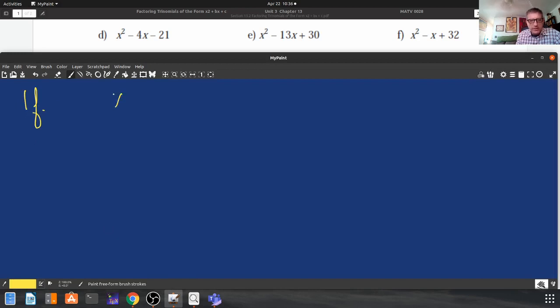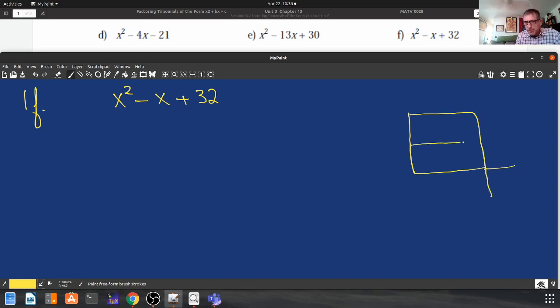And now let's try the last one, 1f. So we have x squared minus x plus 32. Pausing and trying to do these before I do them is probably a good idea. So these have to be x's.